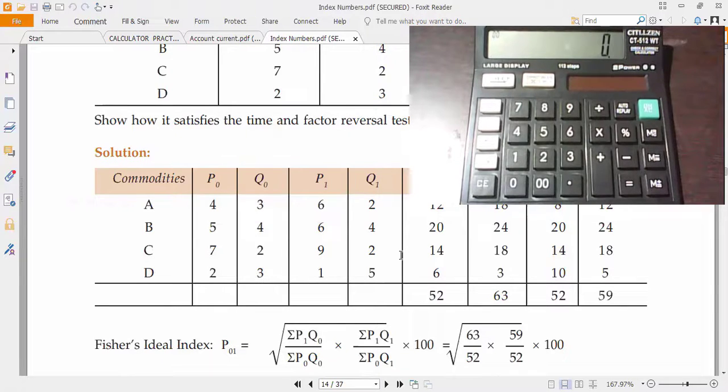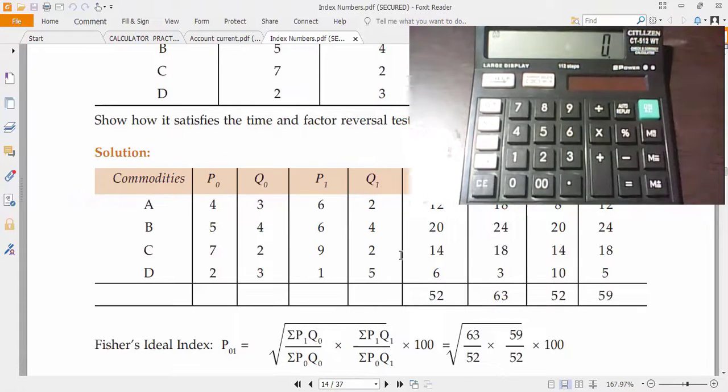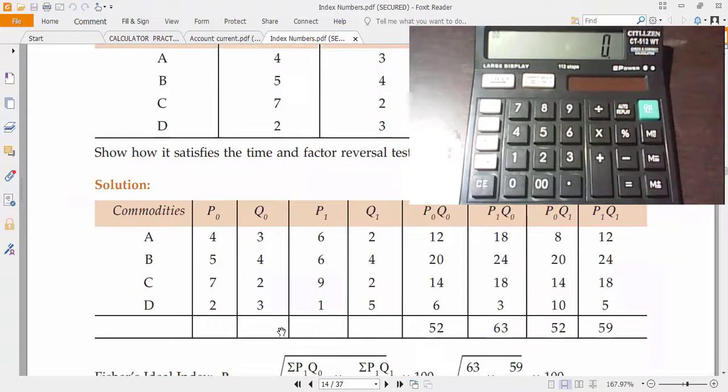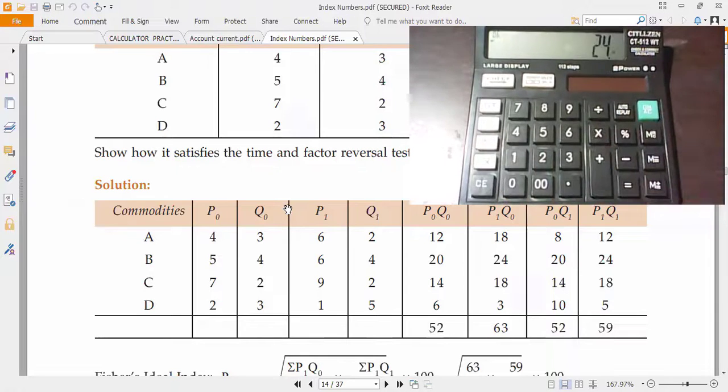There is a trick, but don't go far beyond that; if you lack practice, you may make mistakes. So what is the value of P1 Q0? P1 is this, Q0 is this: 3 into 6 M plus, 4 into 6 M plus, 2 into 9 M plus, 3 into 1 M plus, MRC. 63 is the value.